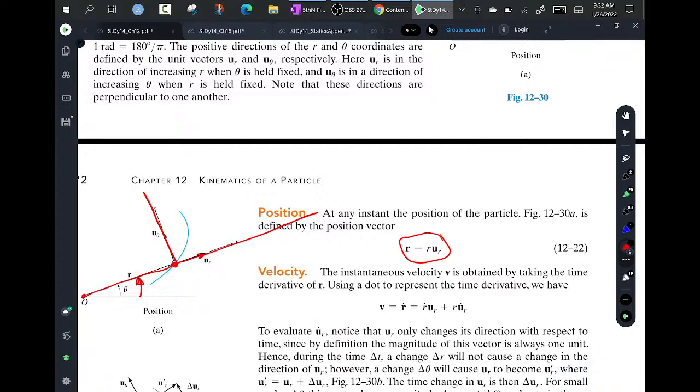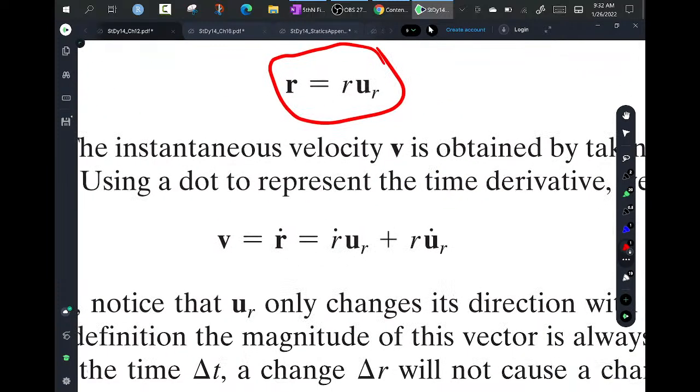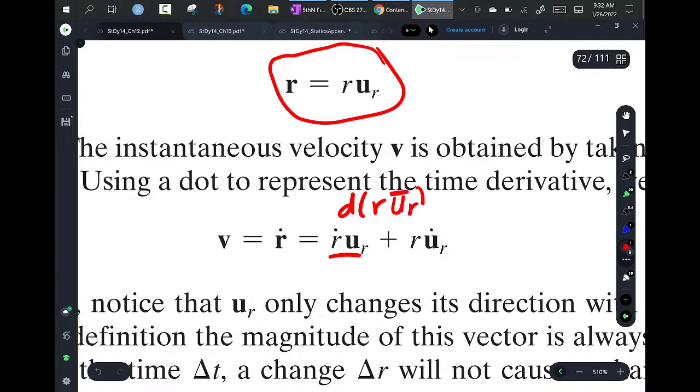Then when you take the derivative, here's the big problem. The big problem is you're really supposed to do this rule where you have d(R UR), that's a vector, over dt. That's what this is. And so if you break it apart, what you have is the derivative placed upon the R, and then the derivative placed upon the UR.